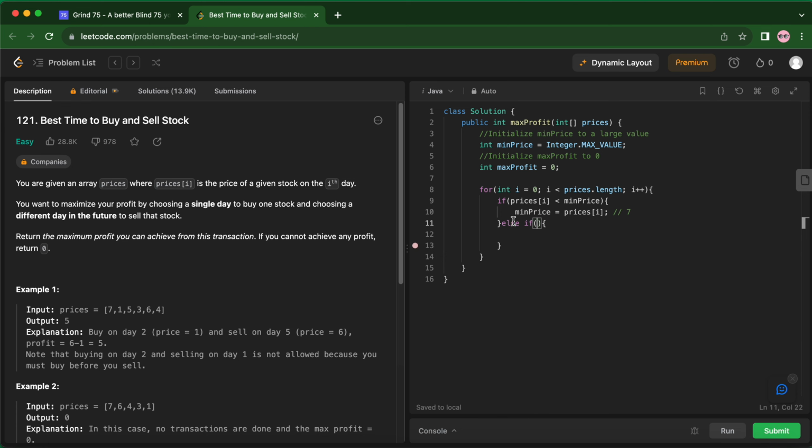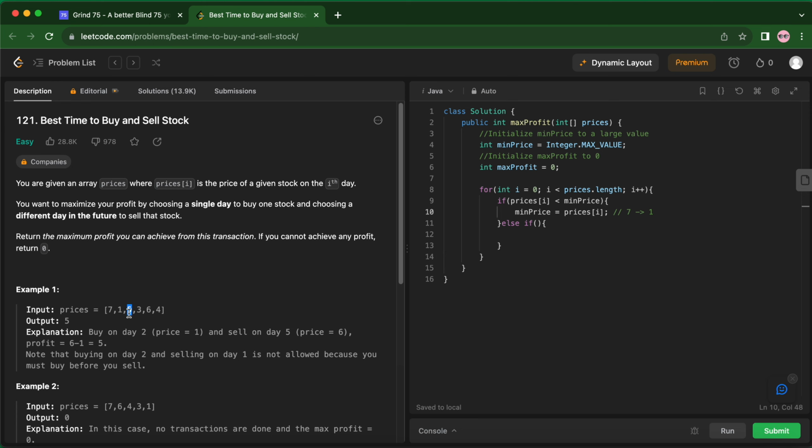The loop comes back and i is equal to 1, so prices[i] is equal to 1. Is this less than our min price? Yes, because min price is 7. So we update our min price to prices[i], which is 1. So now our min price became 1. Next I move forward, because it already went to the if condition, it won't go to the else part.